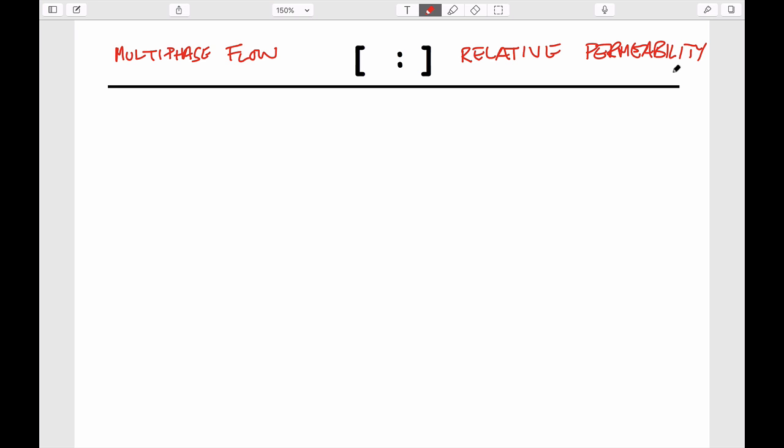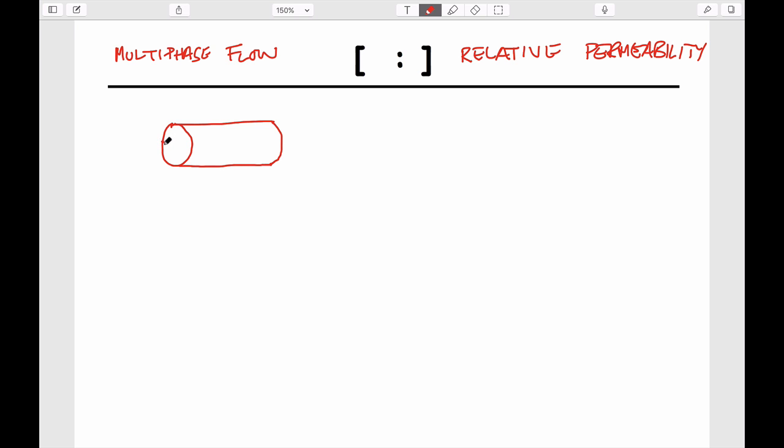So the idea is this. We said before that we could take, so let's work on this idea that we have a core, and indeed our core is horizontal. So we don't have to worry about all of these nuances that we just talked about.